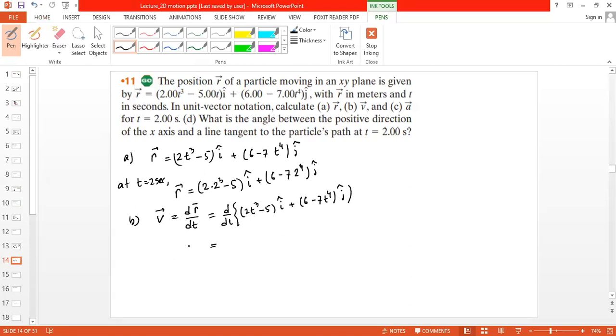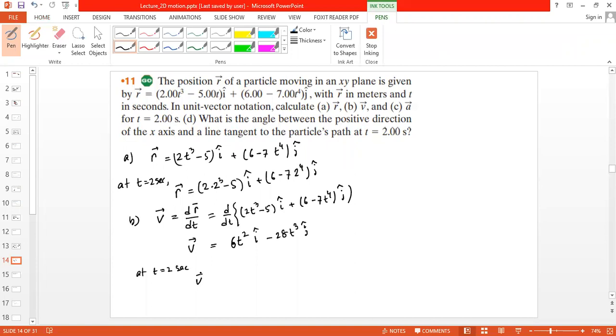So basically velocity will be equal to 6t squared i minus 28 t cubed j. I think all of you are familiar with differentiation, so you know how to differentiate these things.